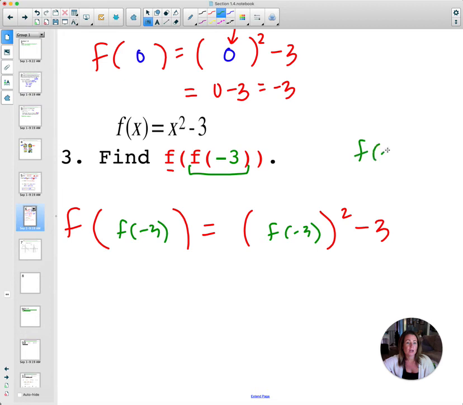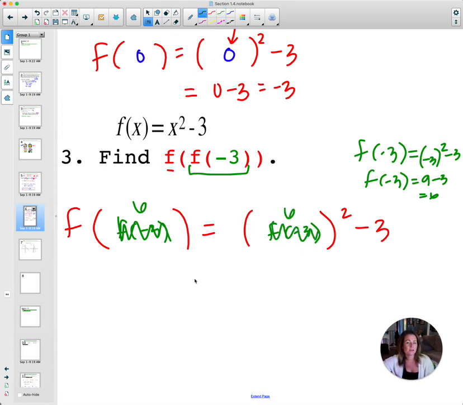So figure out what f of negative 3 is, which is negative 3 squared minus 3. Negative 3 squared is 9, minus 3 is 6. So f of negative 3 is 6.